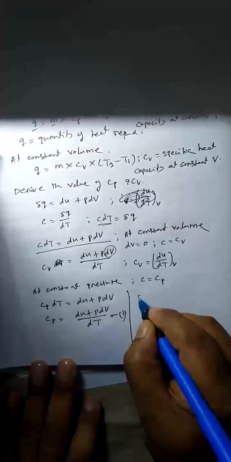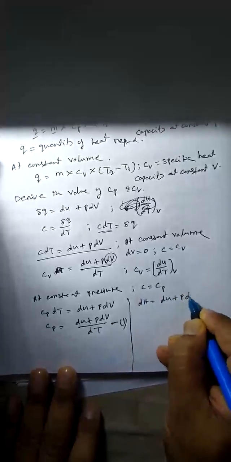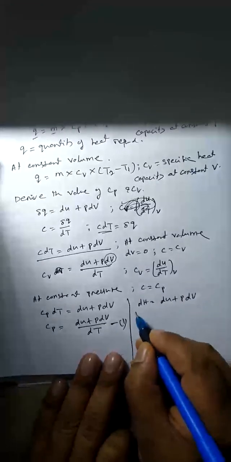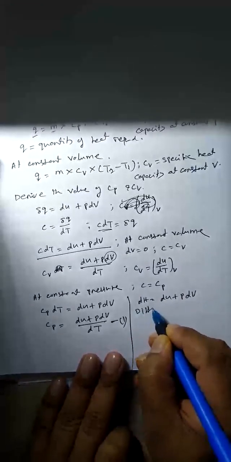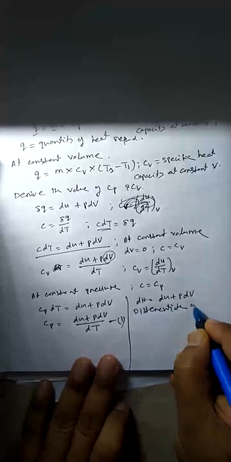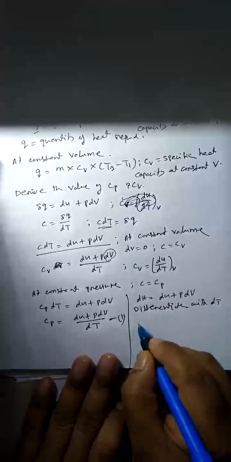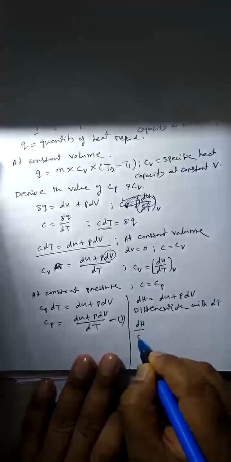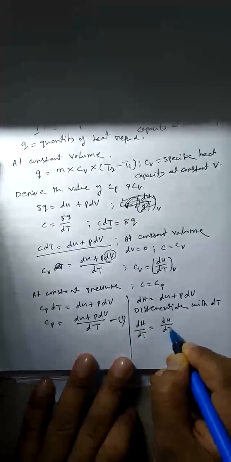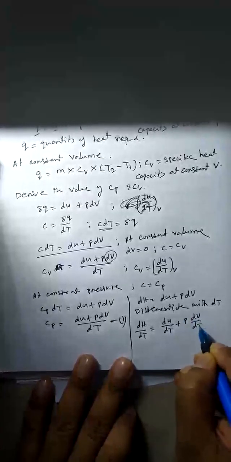We know that dH, enthalpy, is equal to dU plus P dV. So differentiate this equation with dT, so we get dH by dT equal to dU by dT plus P dV by dT.